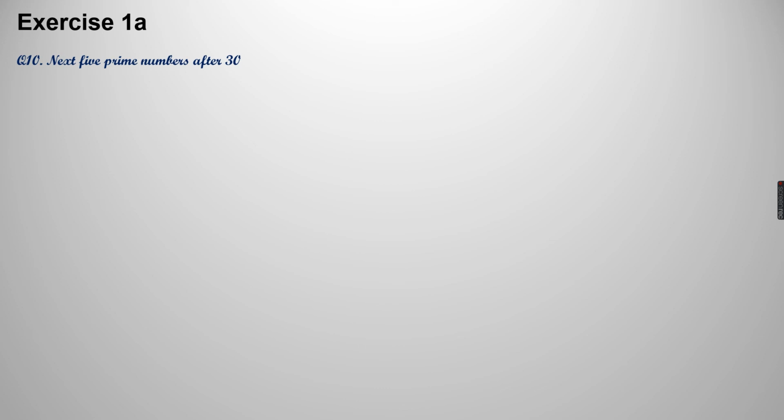If it has two factors, it's a prime number. If it doesn't, then it doesn't fit the criteria of a prime number and it doesn't go here. The same goes for number 32, 33, 34, 35, 36, all the way up to 50. Even if you have to go as high as 60, 70, or 80 to find the next 5 prime numbers after 30, you do that individually.